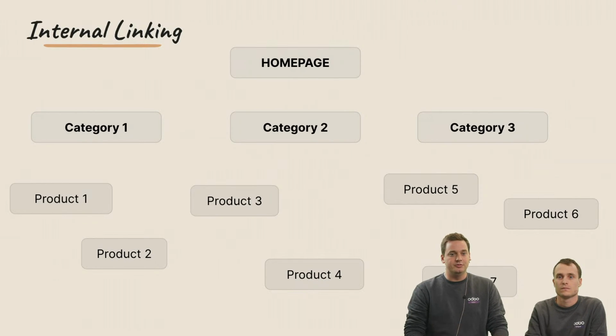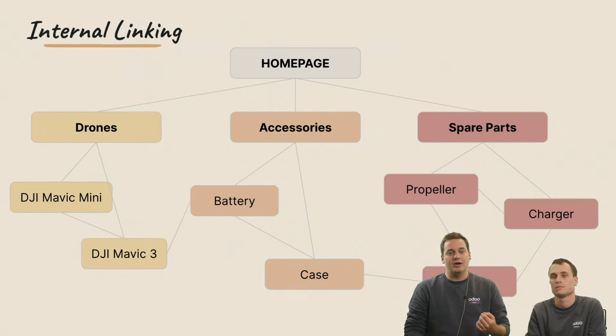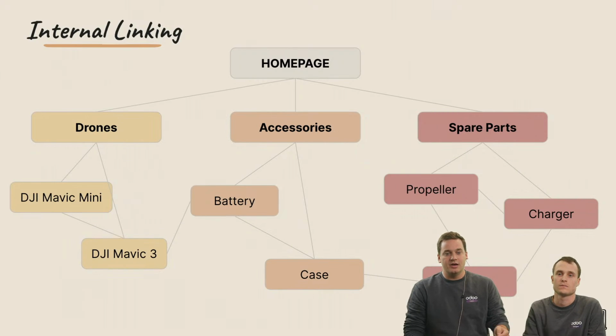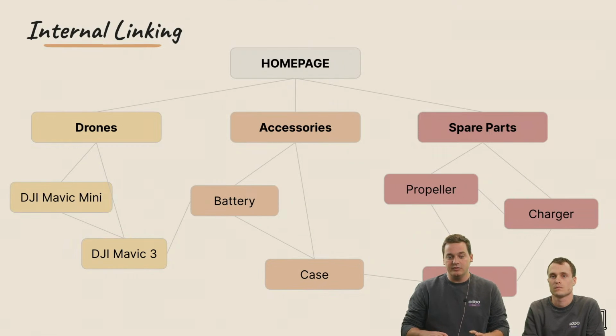So we're going to have links from the homepage to the categories, from the categories to the products themselves, and even sometimes between products, so that you have cross-selling, for example. But the main goal, as I said, is to make the flow of the user and the search engine easier, so that they and the robots can understand your website structure.